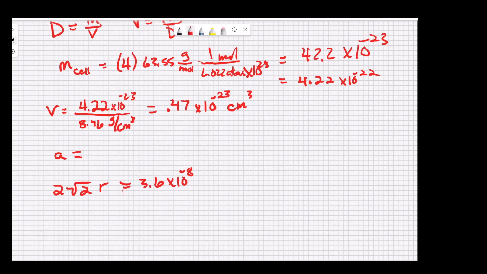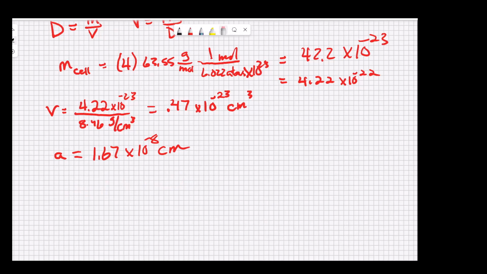All right, I just want to double check. 1.67 times 10 to the minus 8 centimeters, right?